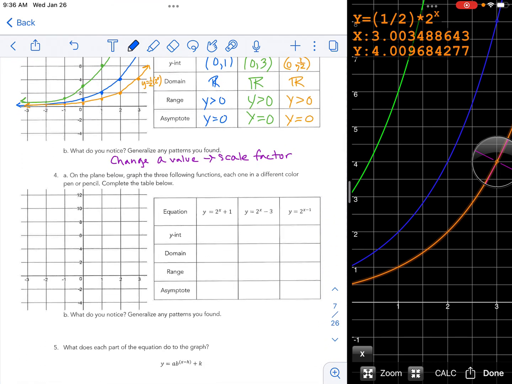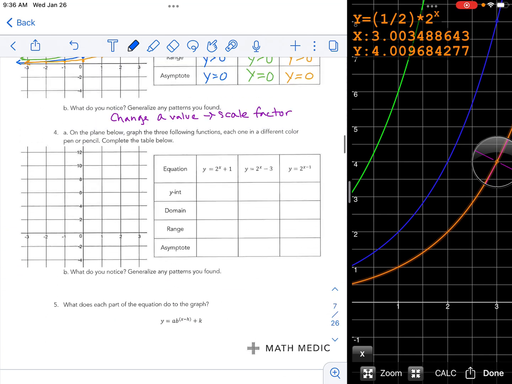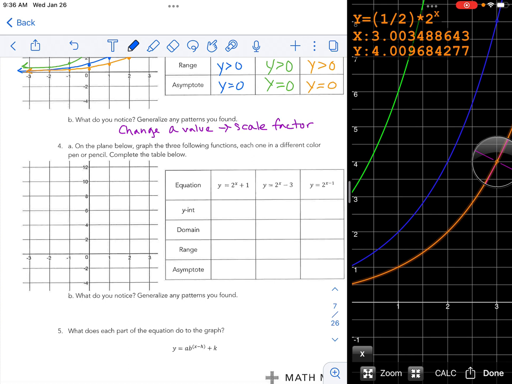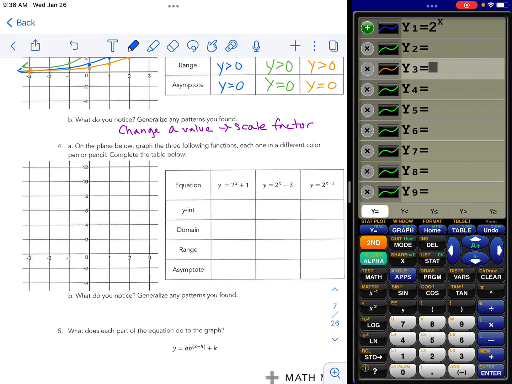Okay, so let's see what happens when we start adding things instead of multiplying by things. This is something new. So let's go back to y equals, and we're going to get rid of this, and we're going to keep our parent function.